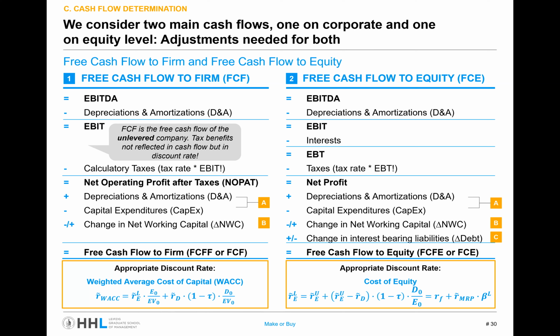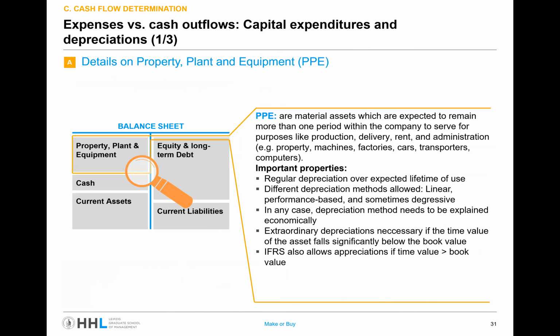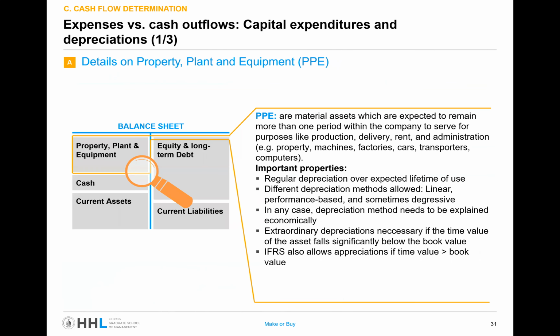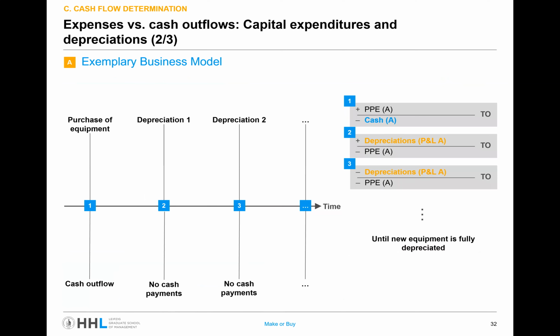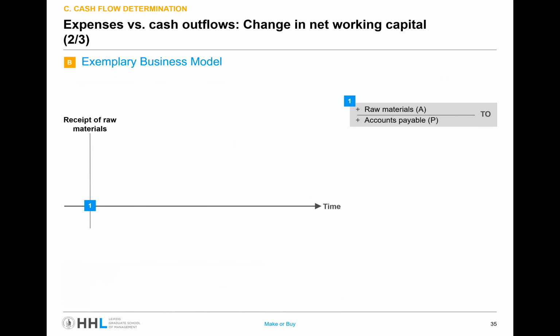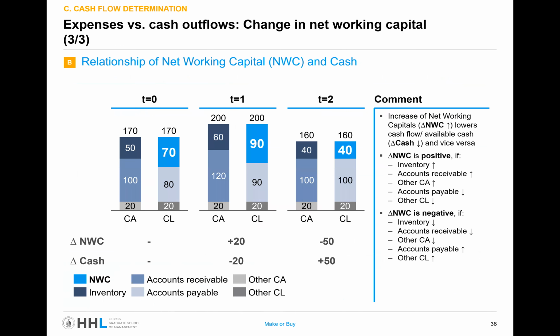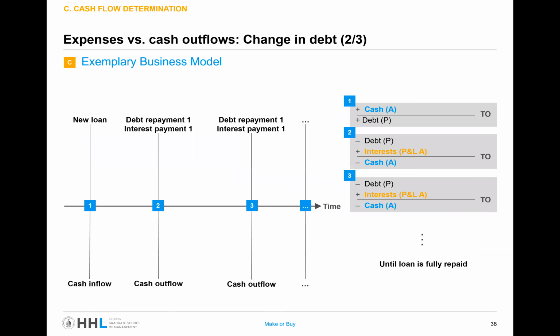You have an idea about discount rates. As I told you, you have some more detailed information on the different adjustments of the cash flow, A, B, and C, on the subsequent slides here. I'm not going through them, but maybe they are helpful to illustrate a little bit more what I talked about.